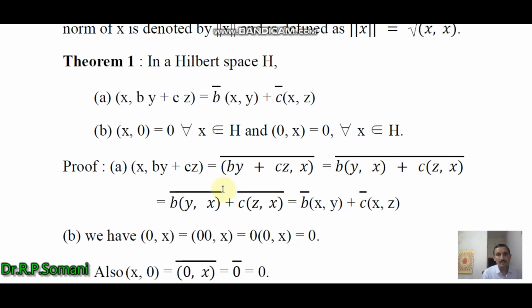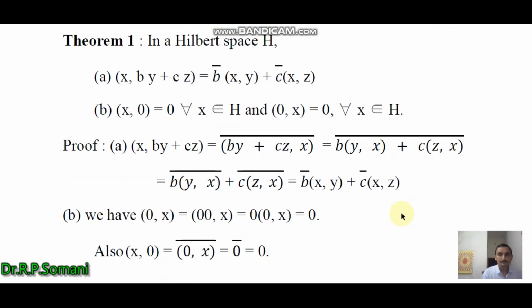Then we break this into the conjugate of (by, x) plus the conjugate of (cz, x). Now we apply the conjugate on b and (y, x) and apply the second property. We can write this as b bar (x, y) plus c bar (x, z). So we obtained the required result.